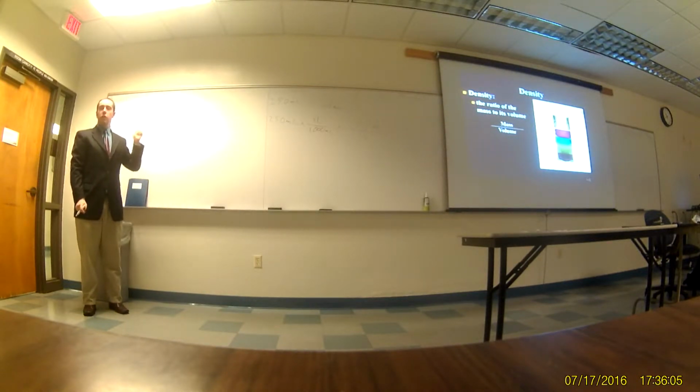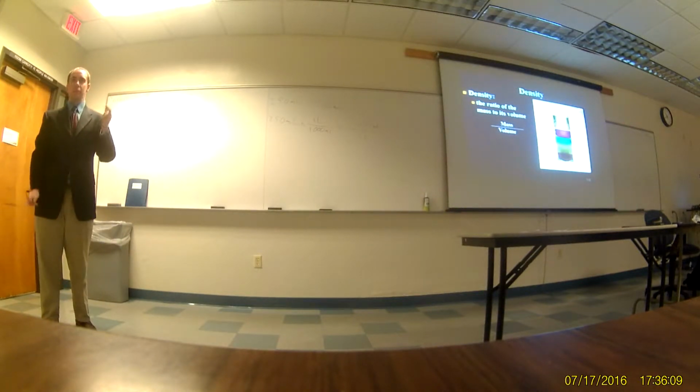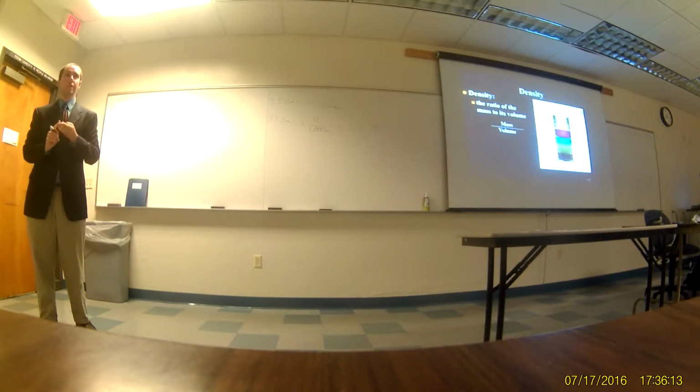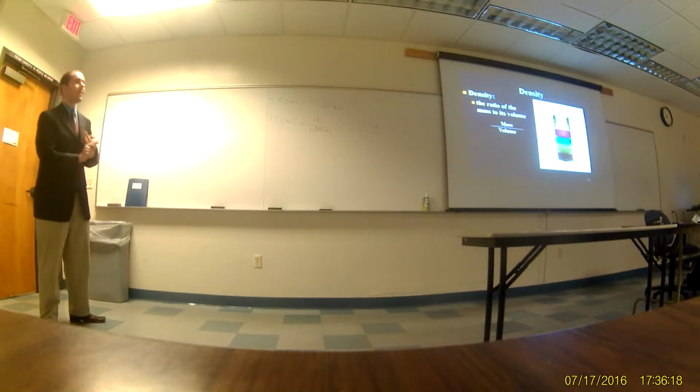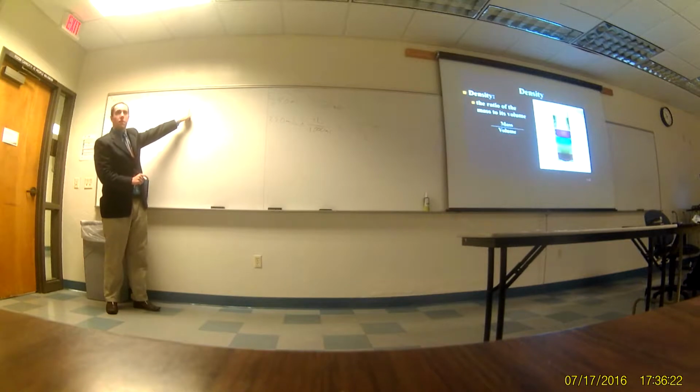That's an equation you're going to use over and over and over again this semester. It's going to be on multiple exams. It's going to be on multiple homeworks, and it's not on the cheat sheet. Okay? It's also going to be in the lab. We're going to have an entire lab day on density. So memorize that formula. It's not difficult.